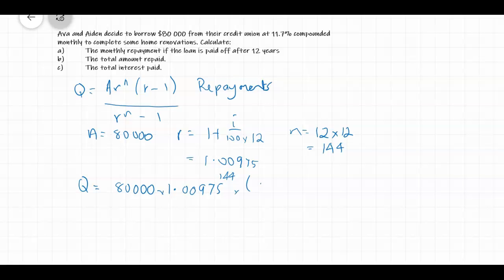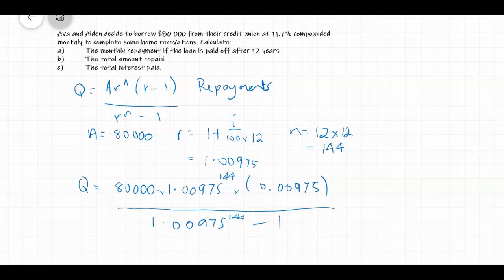So we go back to the 0.00975. And then I put it all over R to the N, 1.00975 to the 144. And then I subtract 1 from that.